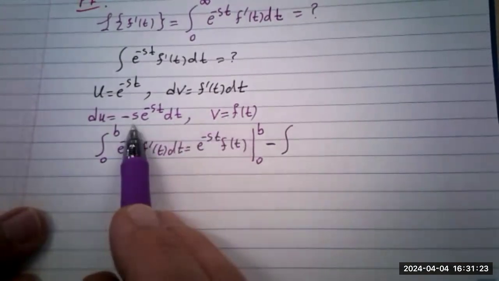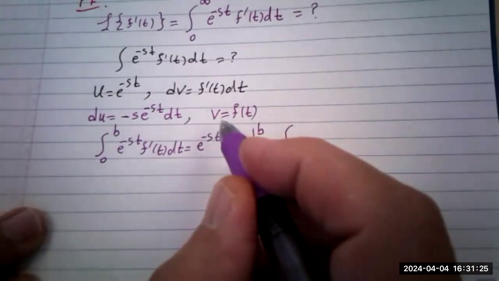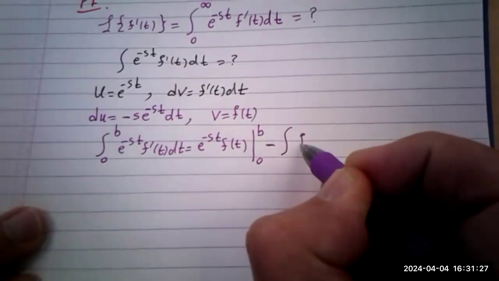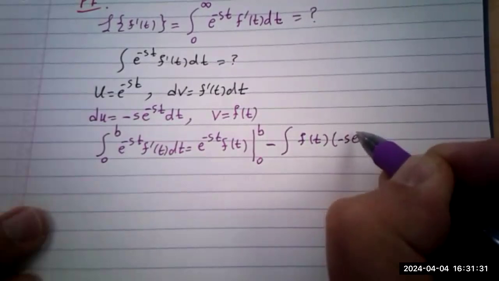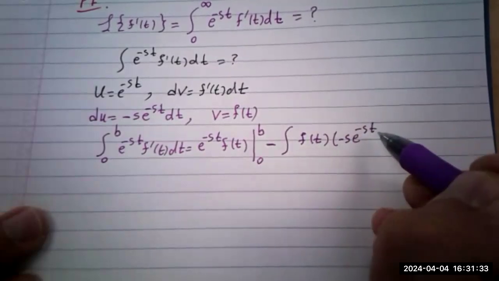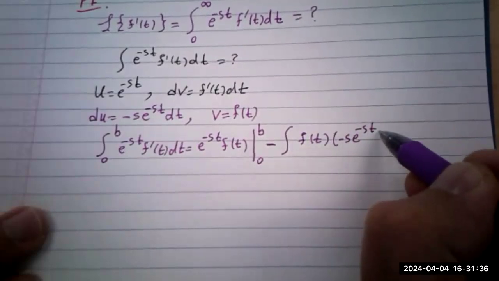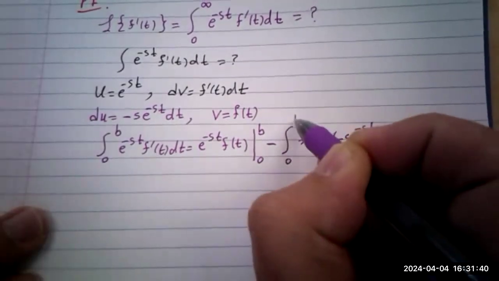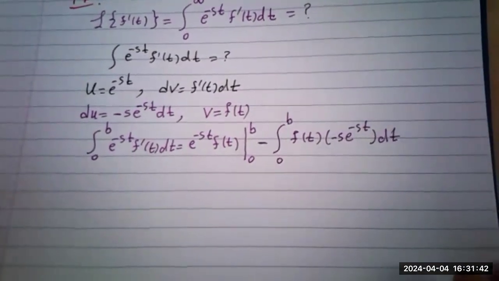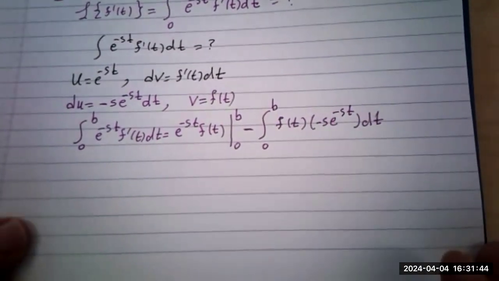So that gives you f of t times negative s e to the negative st dt, but this integral is defined from 0 to b. We find it from 0 to b and take the limit as b goes to infinity.